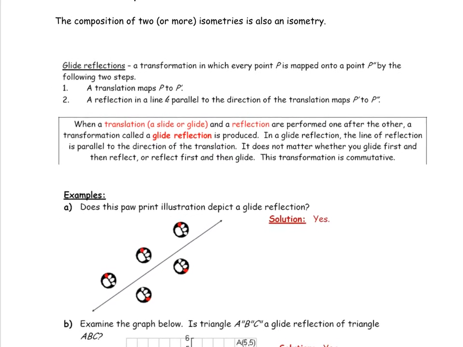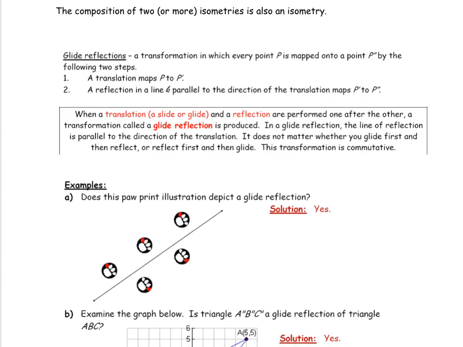If we look here at these paw prints, a glide reflection, we translate and then reflect. Now we can keep going, translate and then reflect. We'll end up with that image of the paw print the same as if we did the reflection part first.